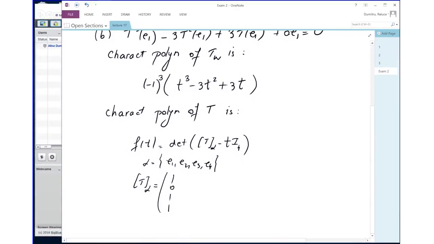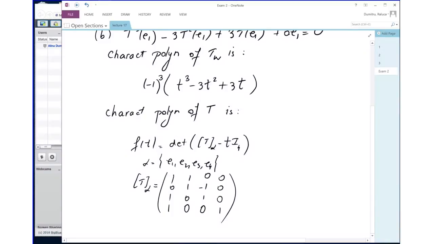Apply T to E2, 0, 1, 0, 0. You get 1, 1, 0, 0. Apply T to E3, you get 0, negative 1, 1, 0. And apply T to E4, you get 0, 0, 0, 1.